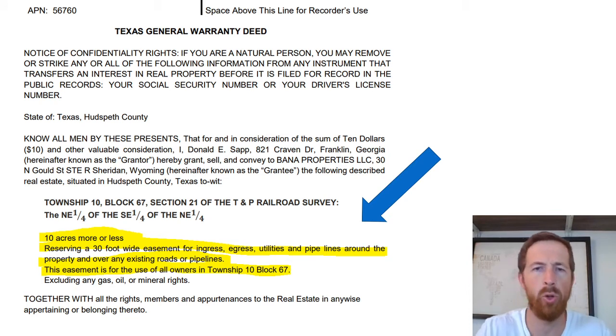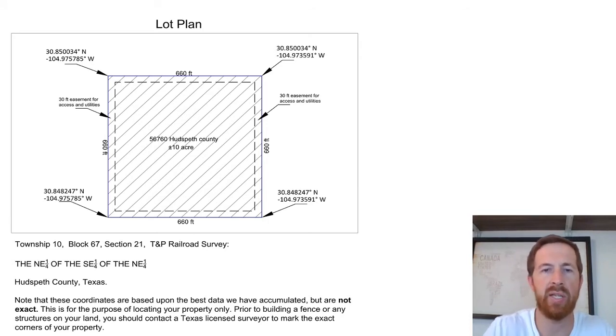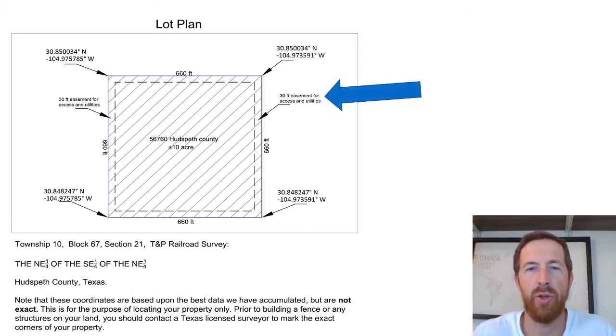Now, what does this look like from the deed into the actual plat of the property? Here's a lot plan for this particular property, and as you can see, it says a 30-foot easement for access and utilities. So this is around the border of the property, along the entire border.